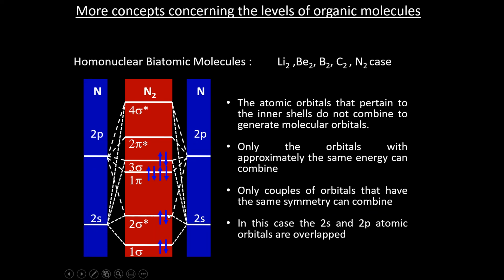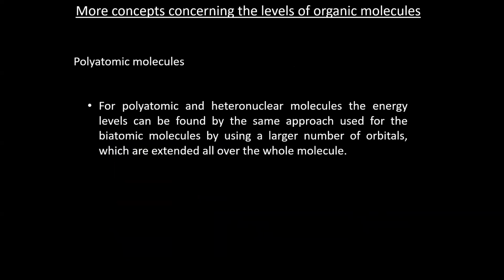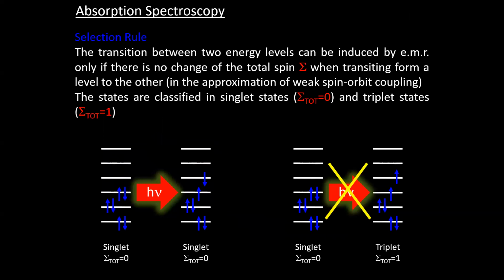Okay? Then when you excite with light, a process where light is promoting one electron to an excited state while preserving the total spin, so remaining in the singlet state, is permitted. But a process in which you excite the electron and flip its spin, because here the total spin is not anymore 0 but it is 1, then this process is forbidden.